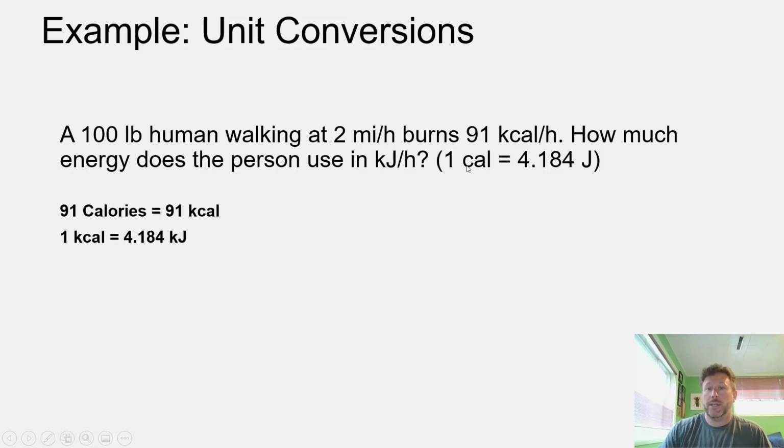So if there are 4.184 joules in 1 calorie, little c, then in 1 kilocalorie, there's going to be 4.184 kilojoules, or 4,184 joules in a kilocalorie. This is the key relationship we're going to use to solve the problem. This is where our conversion factor is going to come from.